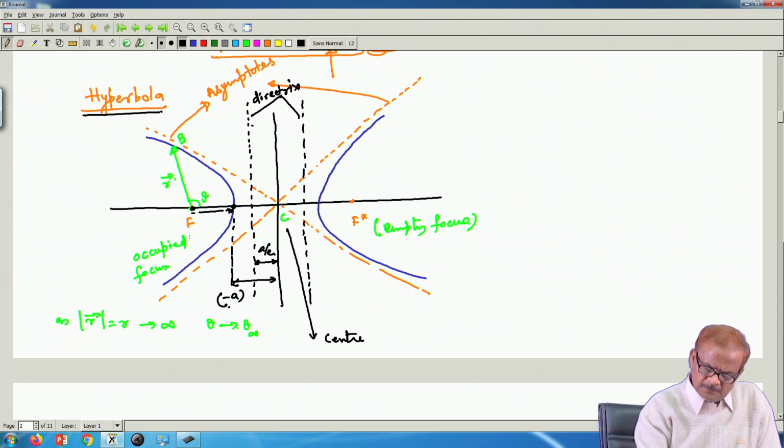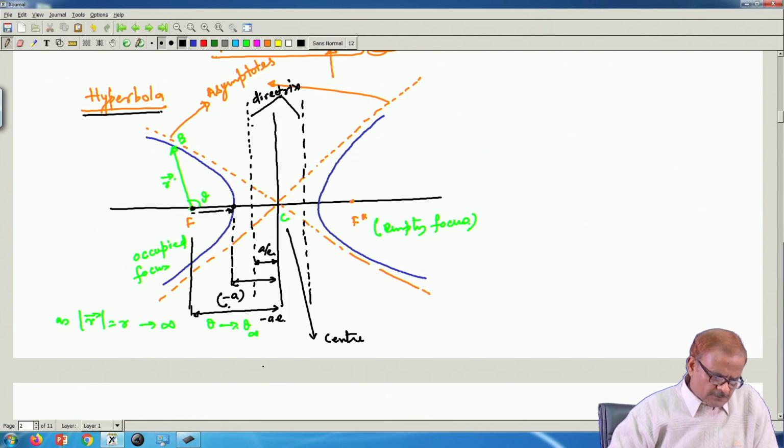And the distance from here to here we will write as minus a times e. And this angle will be indicated as beta, and later on also we will use the same notation.